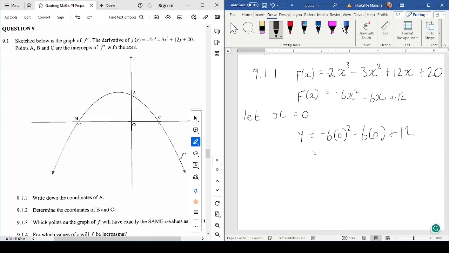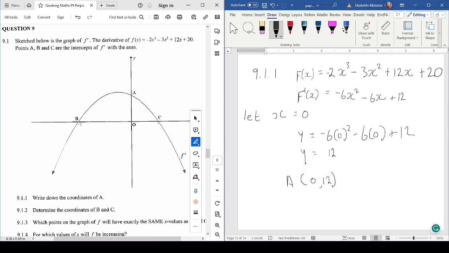Therefore, y is equal to 12. The coordinate A is therefore equal to (0; 12). That's it. And then it says determine the coordinates of B and C.